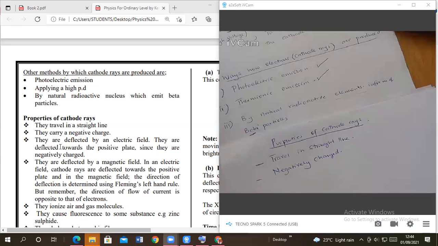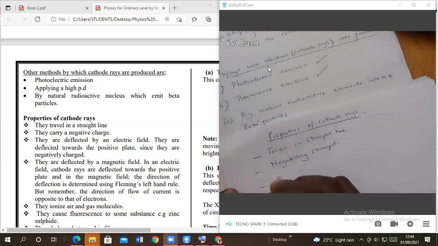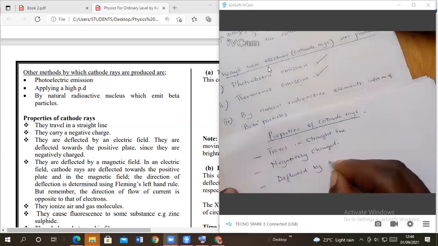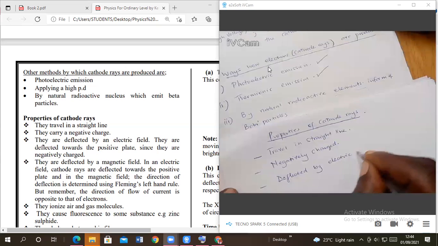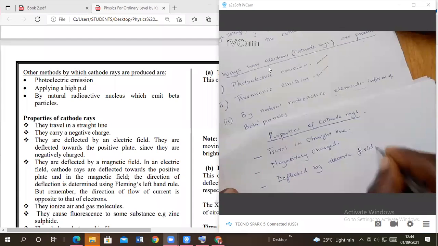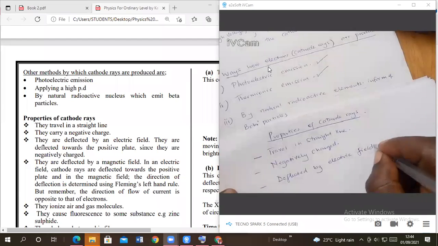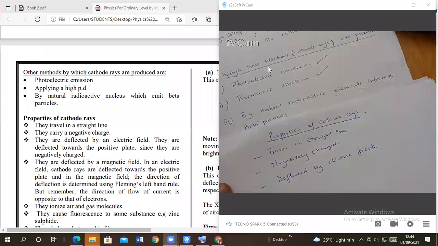Three, they are deflected by electric fields. What's the meaning of deflected? The word deflected means change direction.